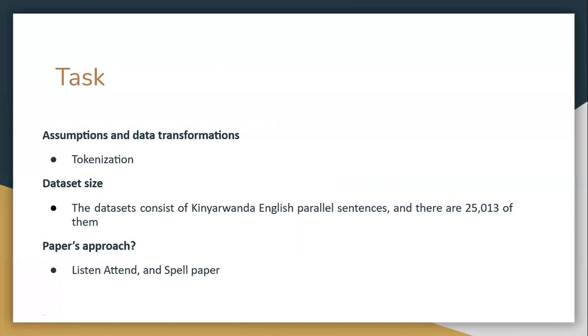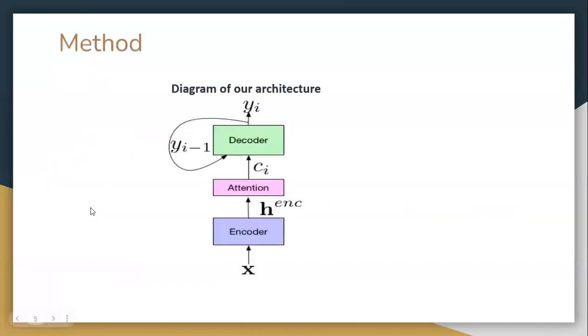Also, our data size was around 25,000, which was composed of Kinyarwanda-English parallel sentences. Also, other tasks that we had were to read the papers that demonstrate how to translate from one language to another. So let's continue to the method.